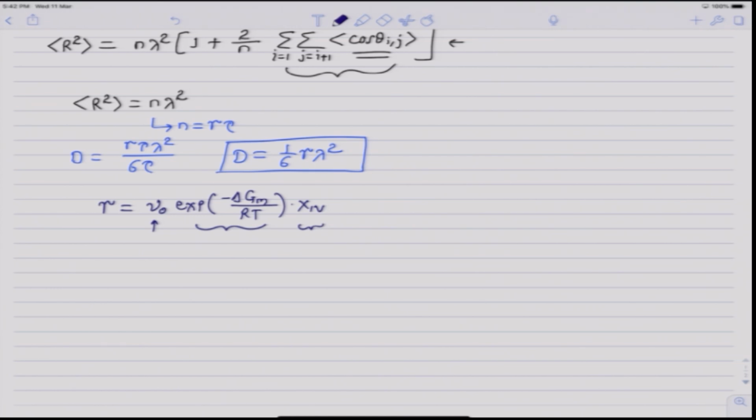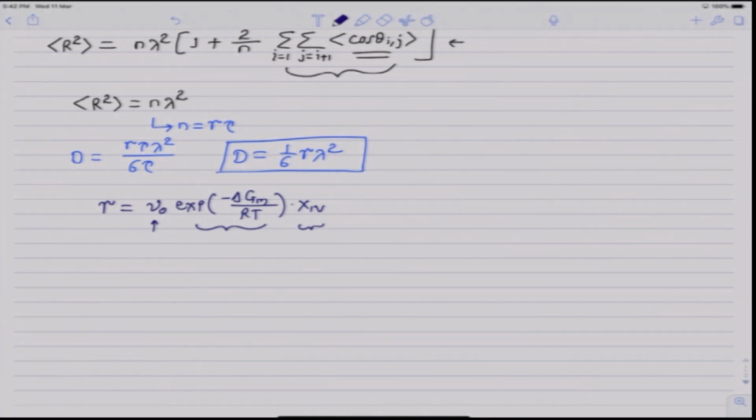X 1v is basically the equilibrium concentration of vacancies. So, we are assuming all the vacancies are randomly distributed in the crystal. We can write X 1v as exponential delta S 1v vibrational by R times exponential minus delta H 1v by RT.